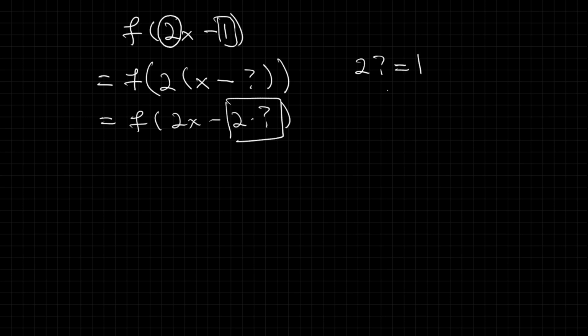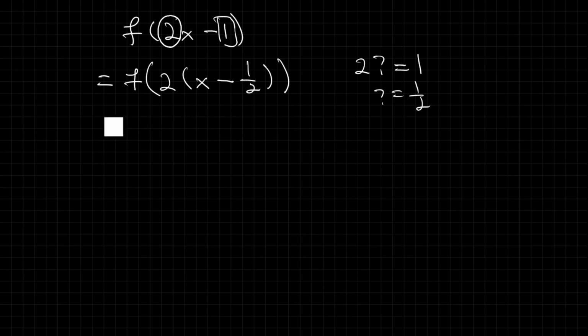And the answer is 1/2. So we can rewrite this in the form f of 2 parentheses x minus 1/2 parentheses. And now my horizontal compression is multiplying both x and the shift.